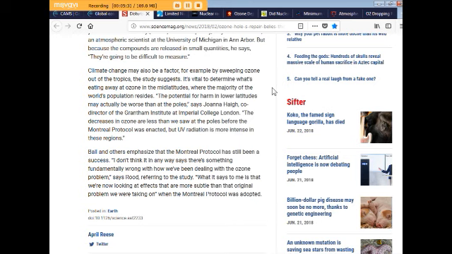The potential for harm in lower latitudes may actually be worse than at the poles, says Joanna Hay, co-director of the Grantham Institute at Imperial College London. The decreases in ozone are less than we saw at the poles before the Montreal Protocol was enacted, but UV radiation is more intense in these regions.